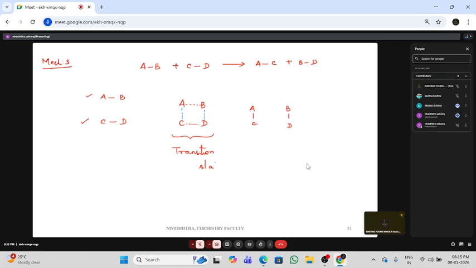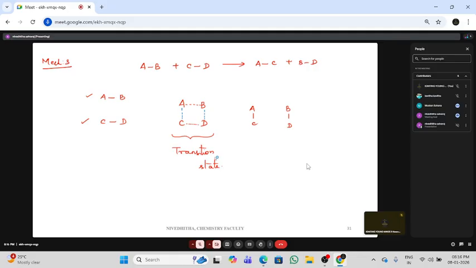Intermediates and transition states are two different species. Intermediates are relatively stable. They can stay in a chemical reaction for a fraction of a second, but transition states are highly unstable. While we are discussing a few mechanisms, you'll understand when we get transition states and when we get intermediates. The transition state is a stage before a chemical product is formed.